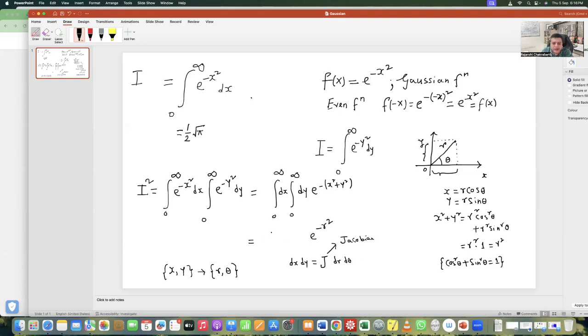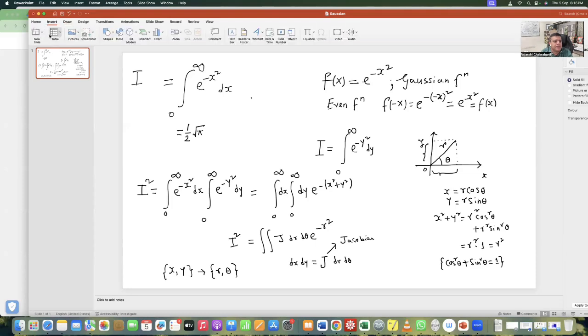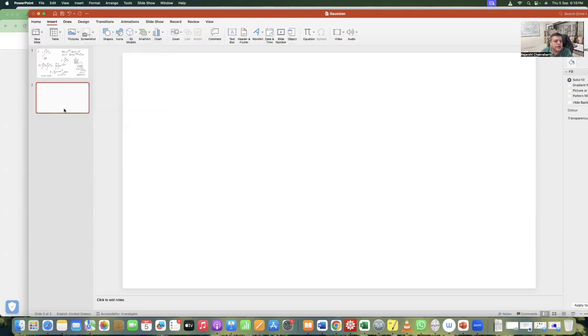So this integration is now going to be like this. You have this Jacobian, dr d theta, and we'll put the limits later. I'll see what the limits are. This is I square. So you have to evaluate this integral. So let us do it now.